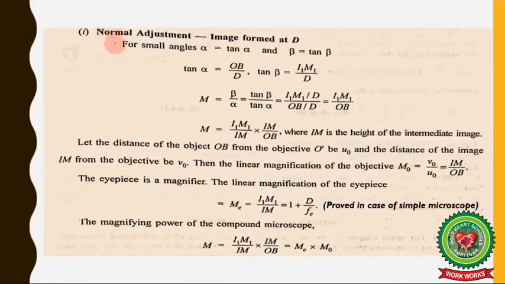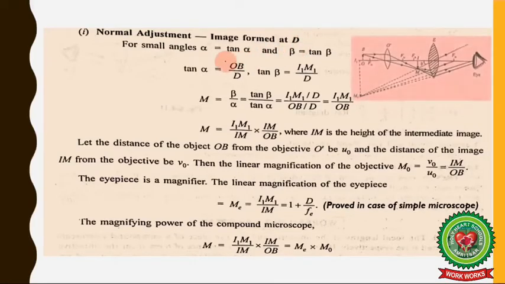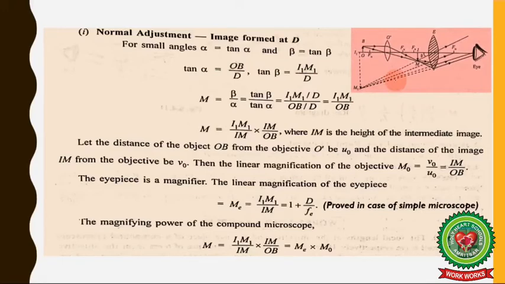Now let's see what the magnification of a compound microscope is for normal adjustment. Normal adjustment means the image will be formed at D, which is the least distance of distinct vision. Okay, let's see the diagram again. Remember students, for small angles, when theta is very small, you can take alpha equal to tan alpha and beta equal to tan beta.